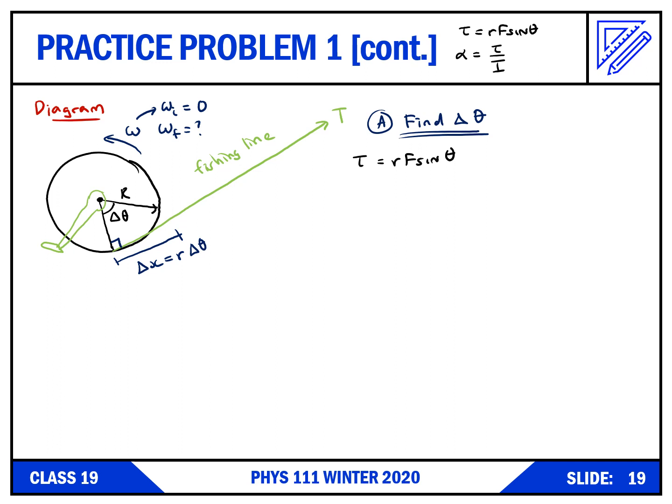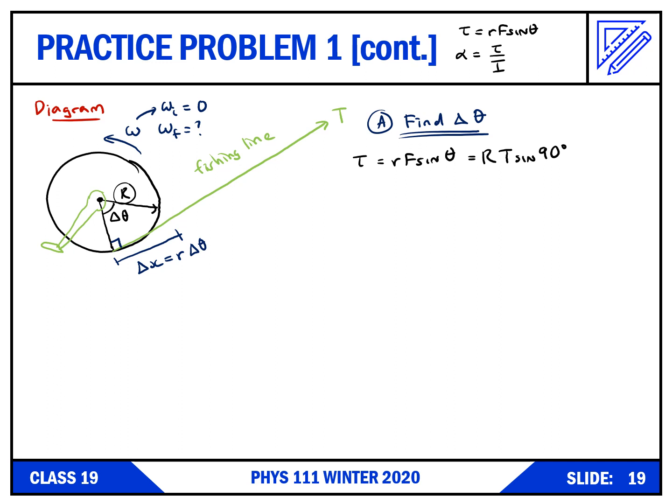We have capital R being the magnitude of the displacement vector, times F, and the force is tension, so we have T, and we know that the angle between these two is 90 degrees.